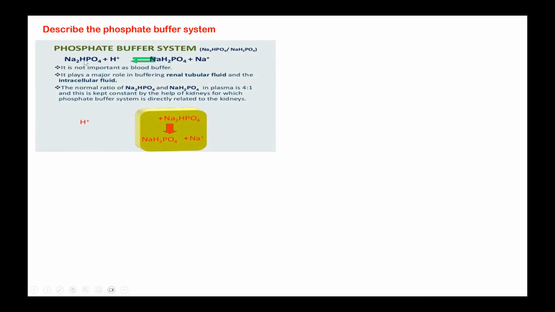So one hydrogen has gone here, and instead sodium is separated. This positive hydrogen ion combines with this hydrogen ion here and one positive sodium ion is released. So disodium hydrogen phosphate becomes sodium dihydrogen phosphate and a sodium ion.